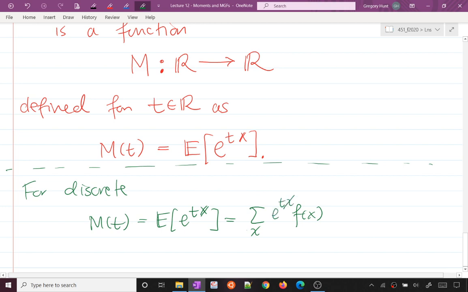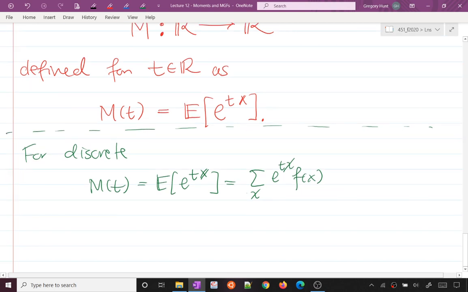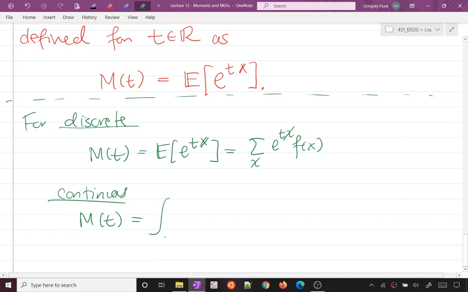So that's just a sum that hopefully is easy to calculate. In the continuous case, of course, it looks kind of similar, but instead we get the integral of e to the tx times now the PDF fx dx.